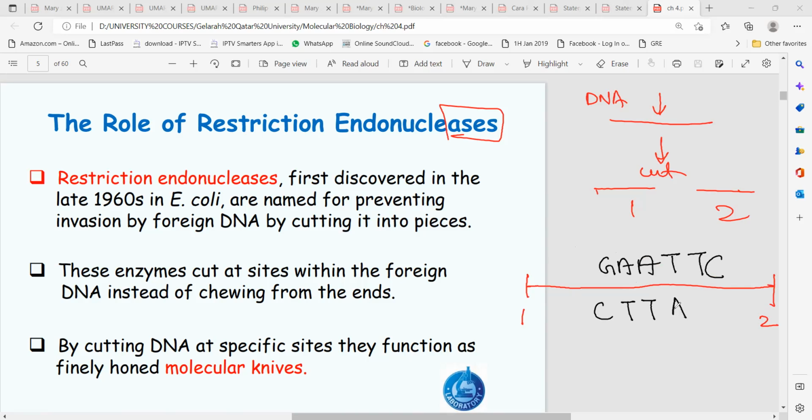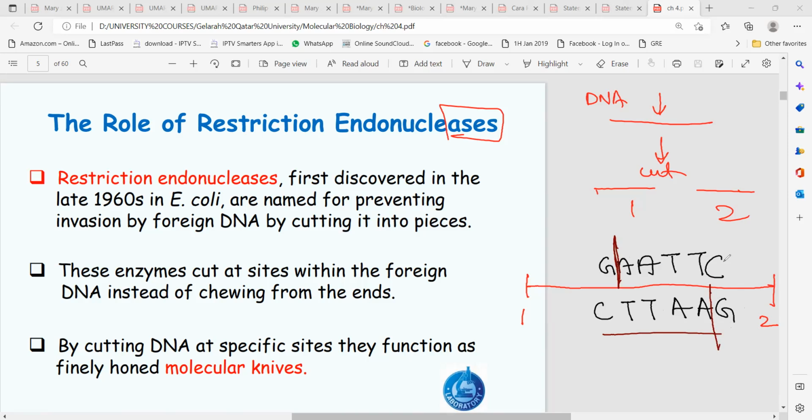C, T, T, A, A, G. So the restriction enzyme for E. coli will cut at this specific sequence. Clear? See, if you read it opposite, it is GAATTC. GAATTC. Are you getting my point?